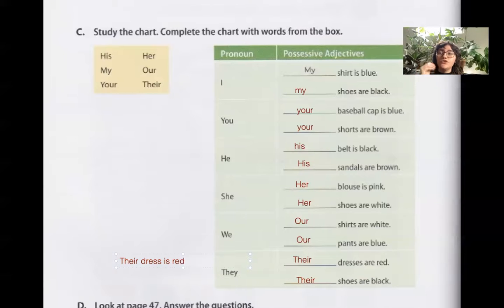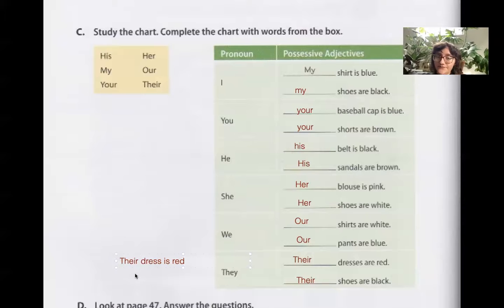So you use the rules for he or she, right? Their dress is red, because you're talking about one person, even though their can be used for plural. We can use it by following the rules for third person singular. So since it's one dress, because it's only one dress on one person, their dress is, just like we say he is, she is, right?